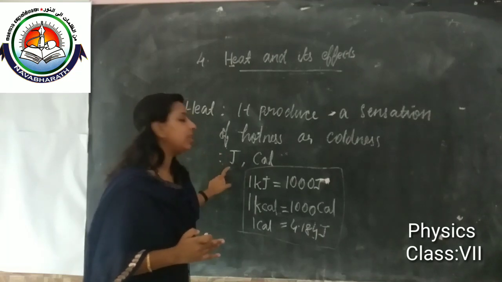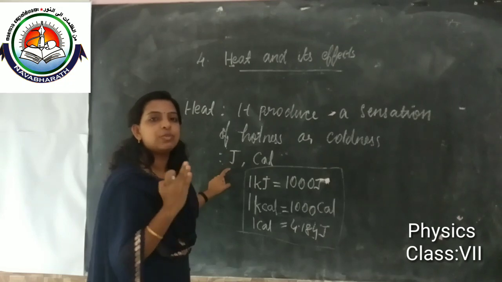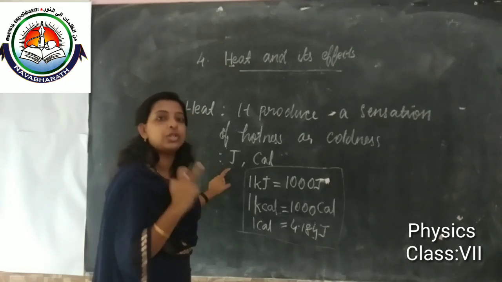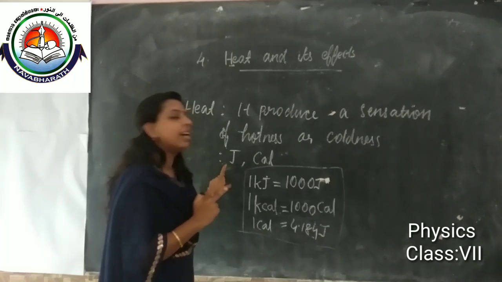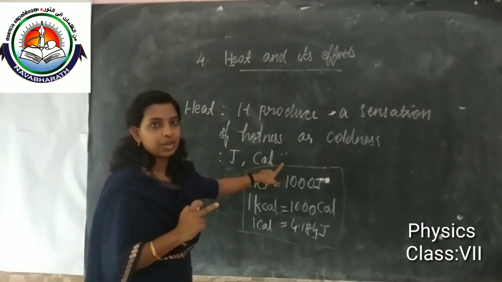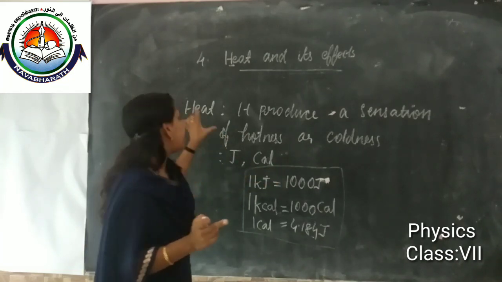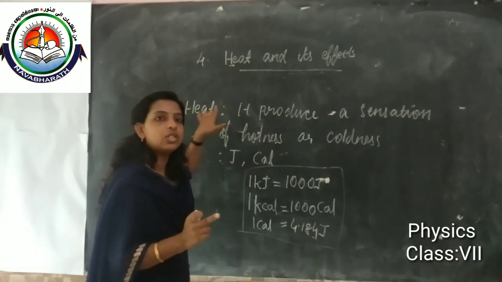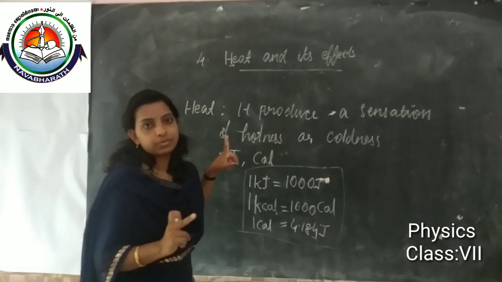So the name joule is not unfamiliar for you. You already learnt about this joule, but calorie may be a new unit for you. So this joule is the SI unit of energy, and as heat is also a form of energy, the unit of heat is also joule.